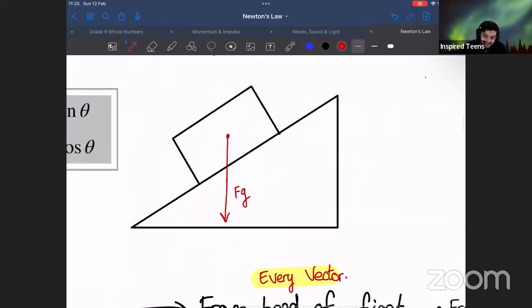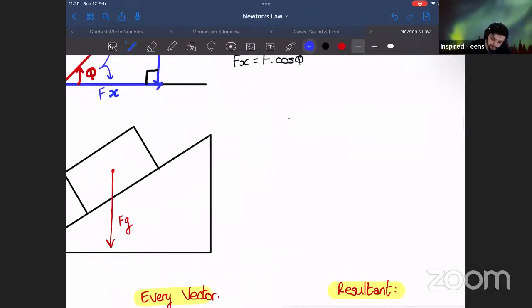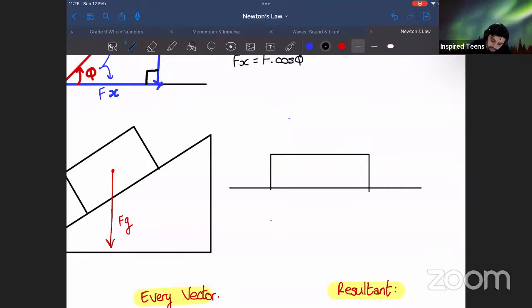Why it is necessary to separate it into its components is because of the slope. If we just had a box that was vertical, and this box is on a platform, the Fg would be straight downwards, while the surface is perfectly horizontal, and the Fg force is actually perfectly vertical.